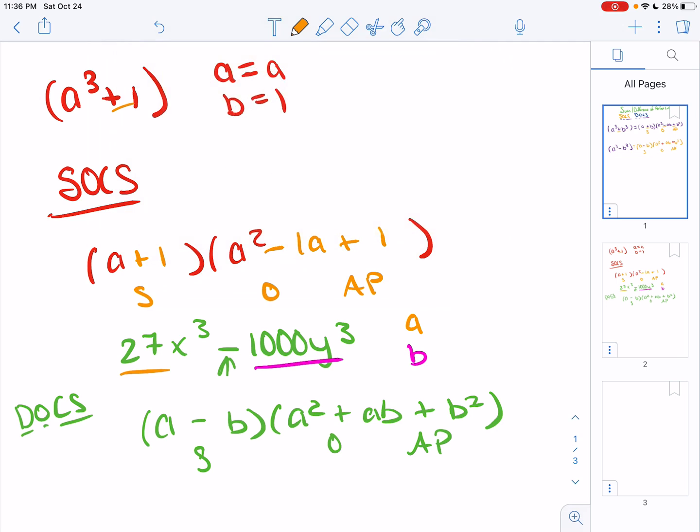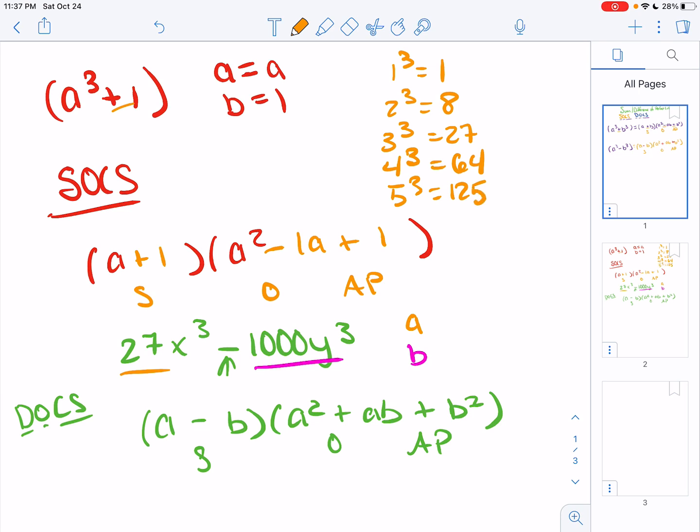This is where it's good to remember our perfect cubes. 1 cubed is 1, 2 cubed is 8, 3 cubed is 27, 4 cubed is 64, and that's usually the extent to which you should memorize. The rest you can find pretty easily. You can do 5 cubed, 125.